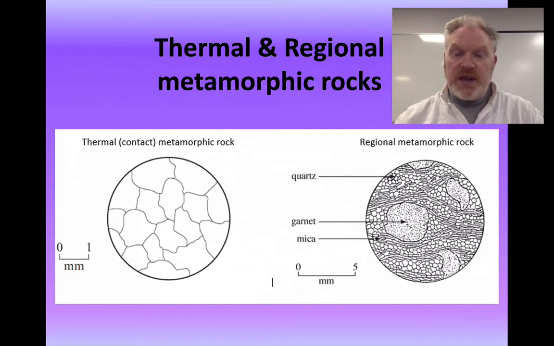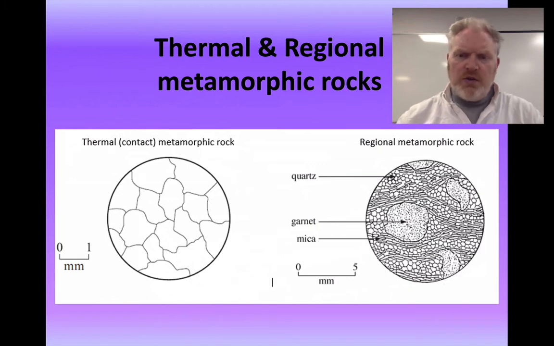That alignment is there because of the pressure. So the pressure was acting on this particular rock from top to bottom. So the mica crystals have grown at right angles to that, like we saw with the starburst suites. So that regional metamorphic rock has been formed under very high pressure.